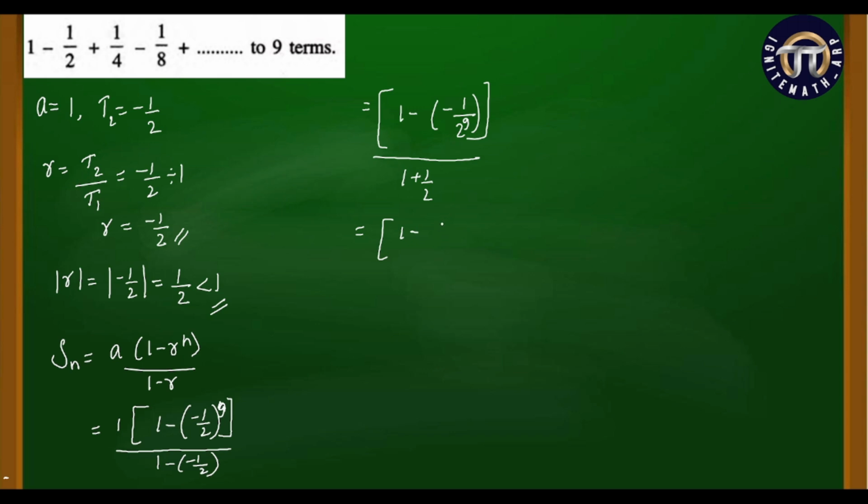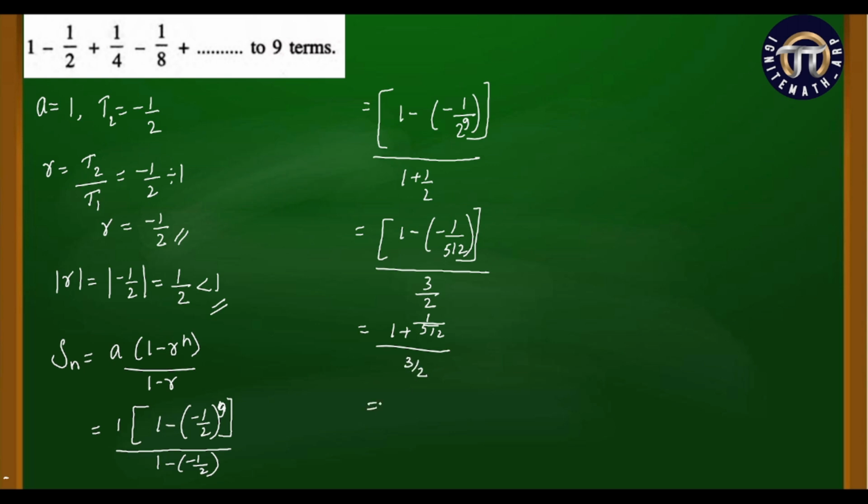Here you must understand, minus of minus 1 by 2 to the power of 9 is 1 by 512. Clear, children? So later I can write this as 1 plus 1 by 512 divided by 3 by 2.